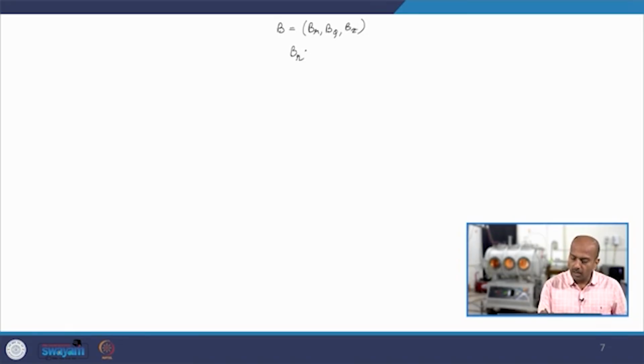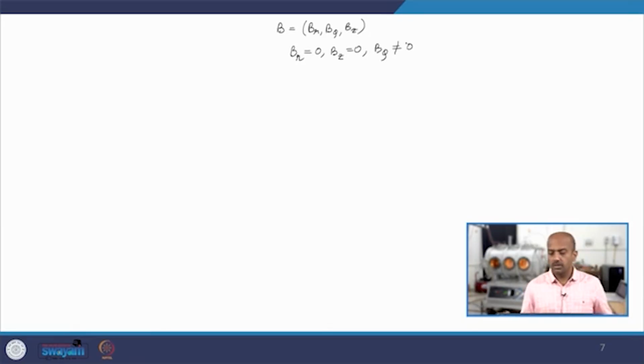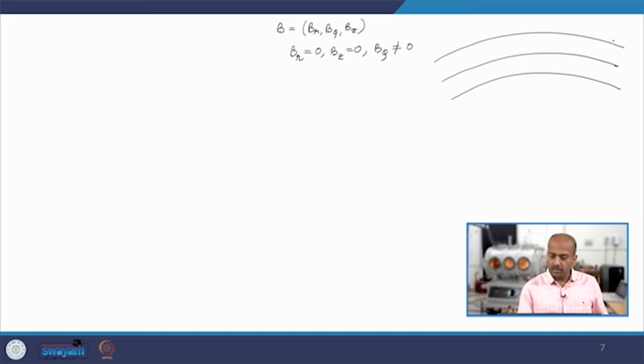So, we have Br is equal to 0, Bz is equal to 0, B phi is not equal to 0. That means the gradient and curvature magnetic field we are trying to accommodate. So, we have a situation like this in which the magnetic field lines are curved with a radius of curvature Rc, and Rc cap is the unit vector along this, where Rc cap is written as Rc by mod Rc.